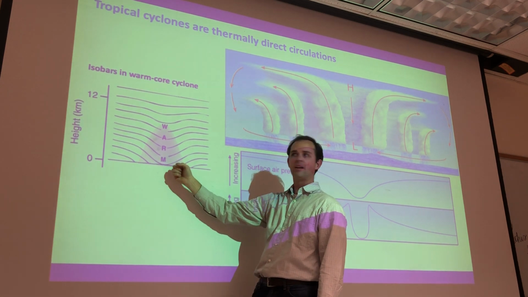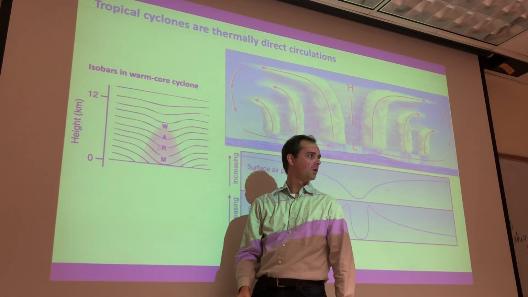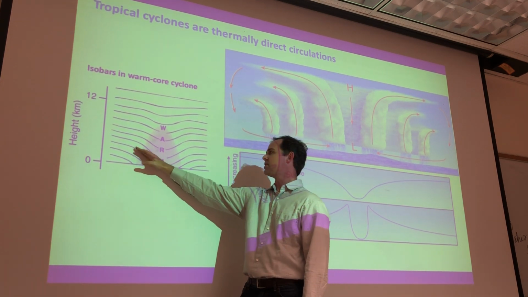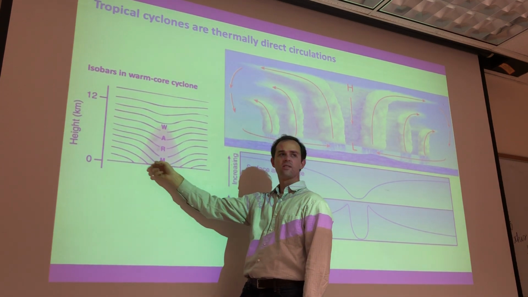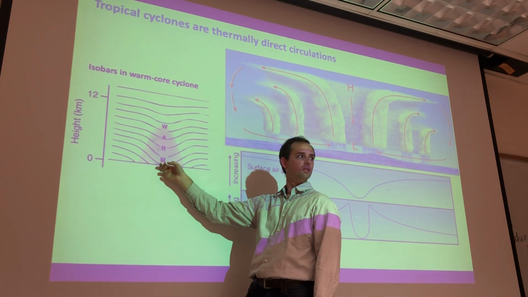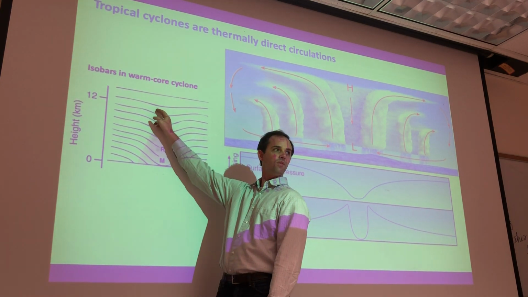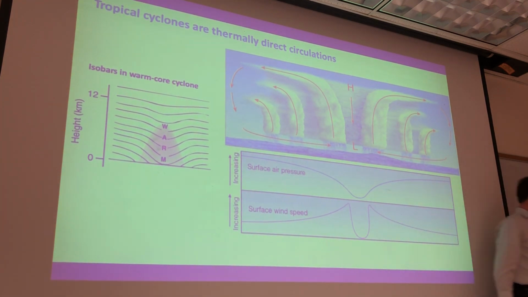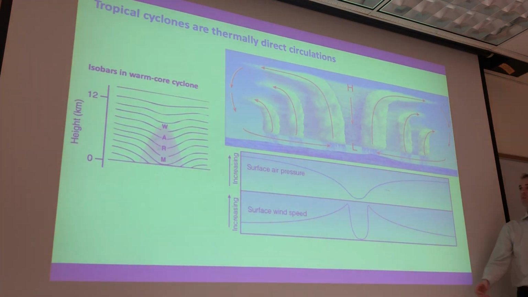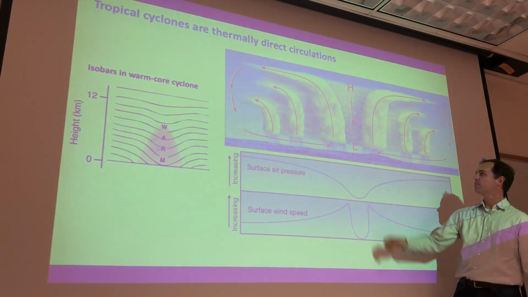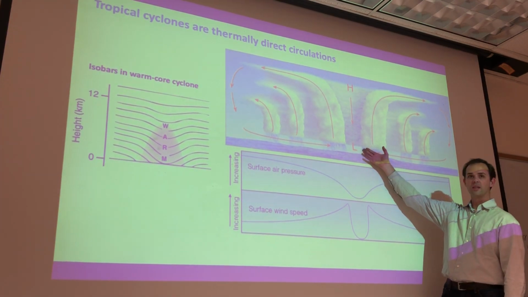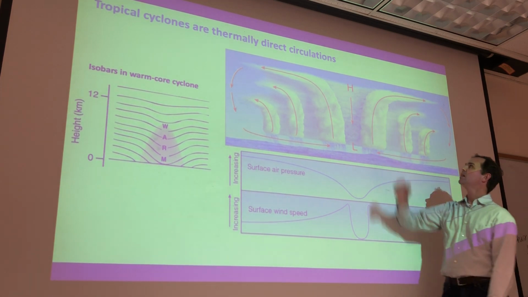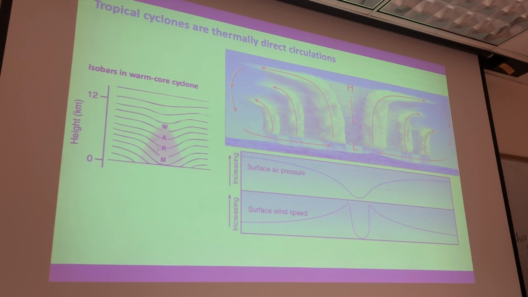As a result, another feature of these warm core cyclones is that we have the highest winds near the surface, because these pressure surfaces have their greatest slopes near the surface, and then weakening winds as we go up with altitude. And that's reflected in the wind speeds. We have extremely strong winds near the core of a tropical cyclone, and the winds at the top are much weaker.